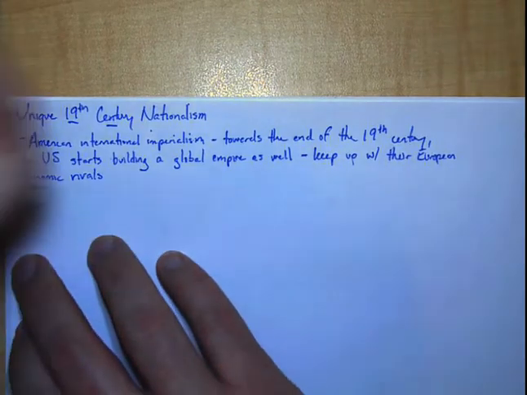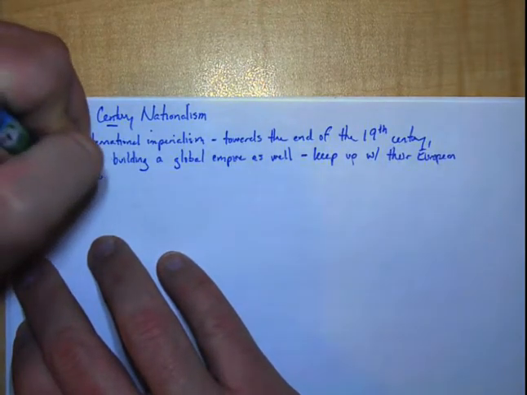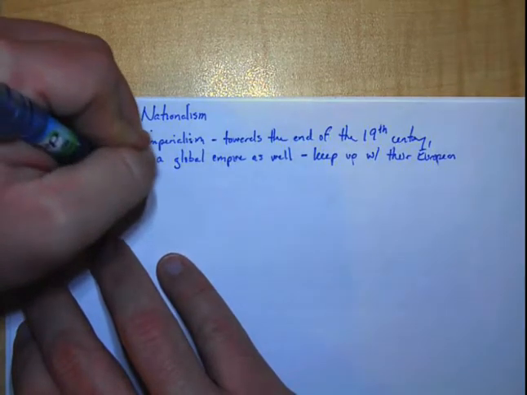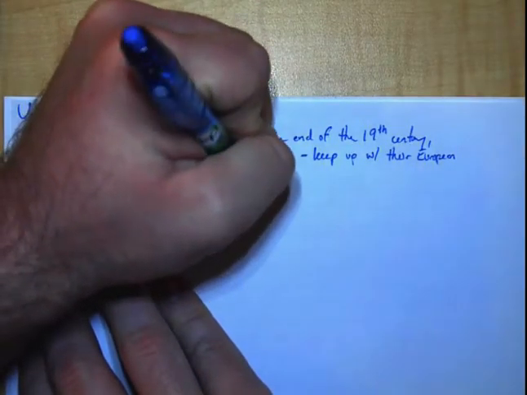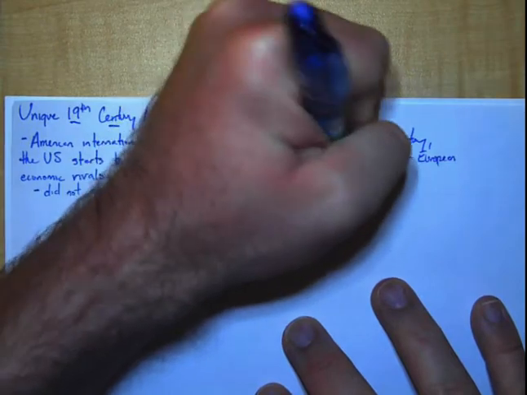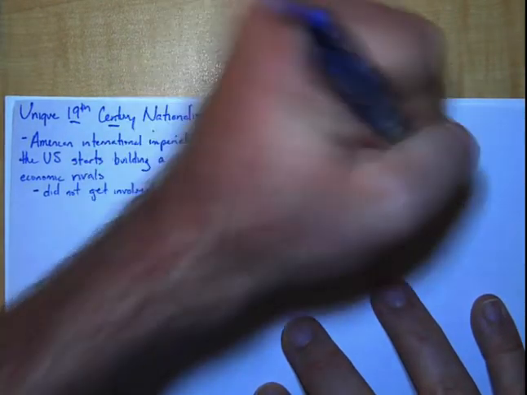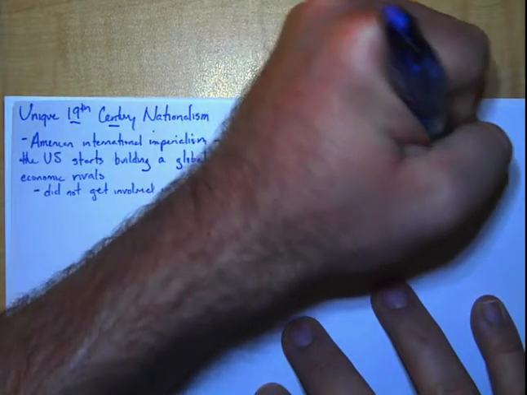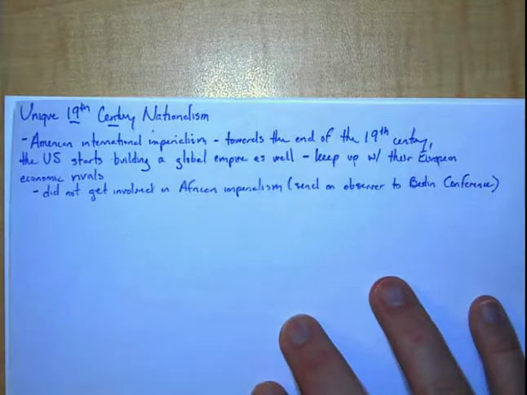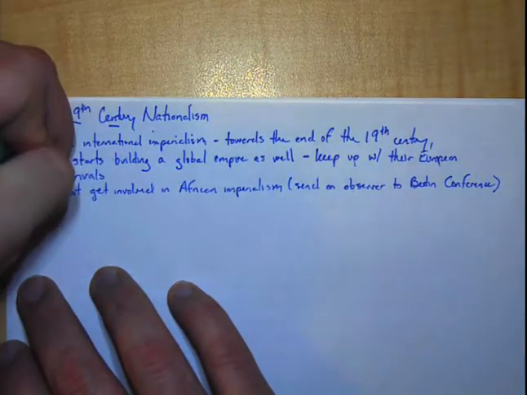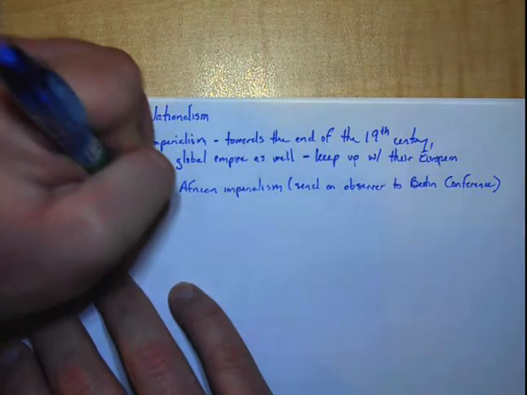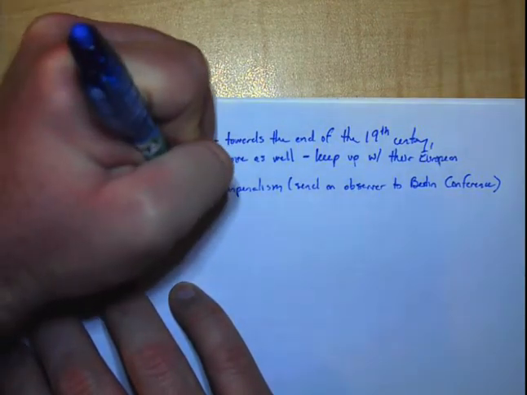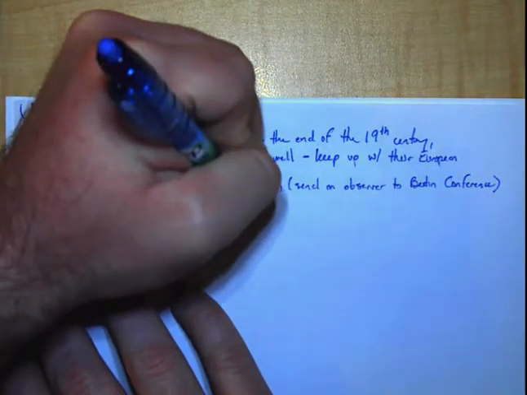Now, while they did not get involved in African imperialism, even though they did send an observer to the Berlin Conference, they did want to have some international colonies.